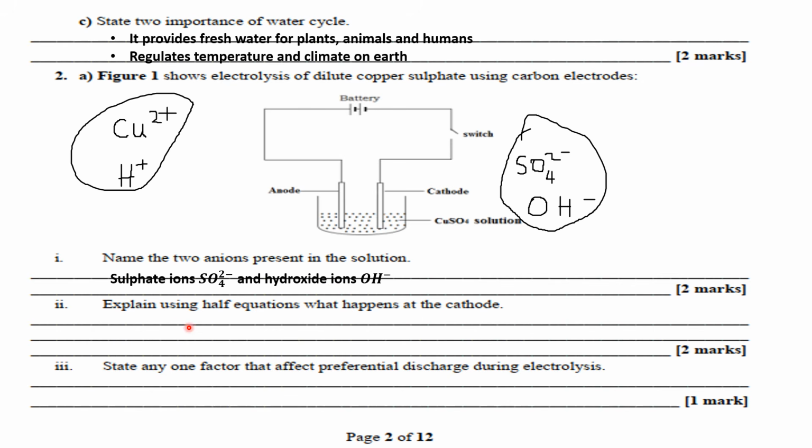Explain using half equations what happens to the cathode. Practically, what you do see in this setup is that the copper ions are going to be reduced, meaning that they'll gain electrons to form copper metal atoms here. You'd actually see some pink, red, brown color of substance forming around here.